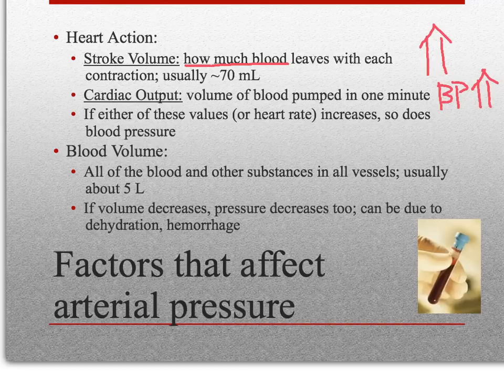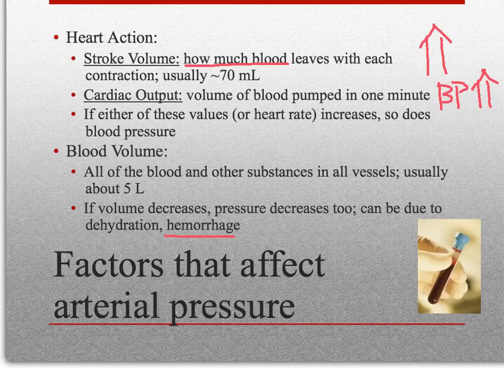Things that might decrease blood volume are usually dehydration, because your blood is about 50% water. And so if you have low water in the body, then the blood has less water. And if there's less water in the blood, there's less total volume, which causes your blood pressure to decrease. A more severe cause of blood pressure decreasing would be called hemorrhage.